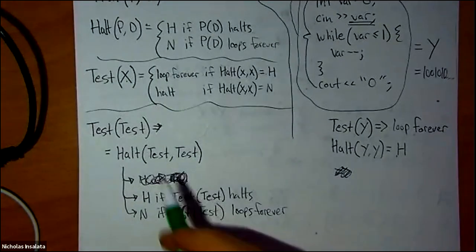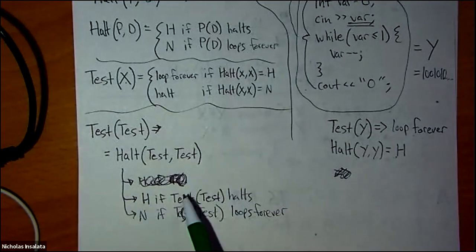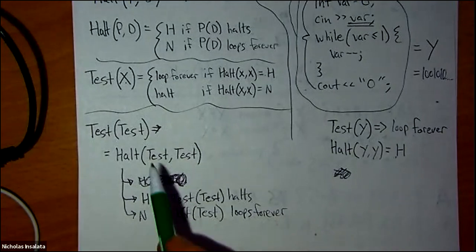Okay, so halt of test on test gives us an H if test run on test halts, and gives us an N if test run on test loops forever. That's what halt is going to do.